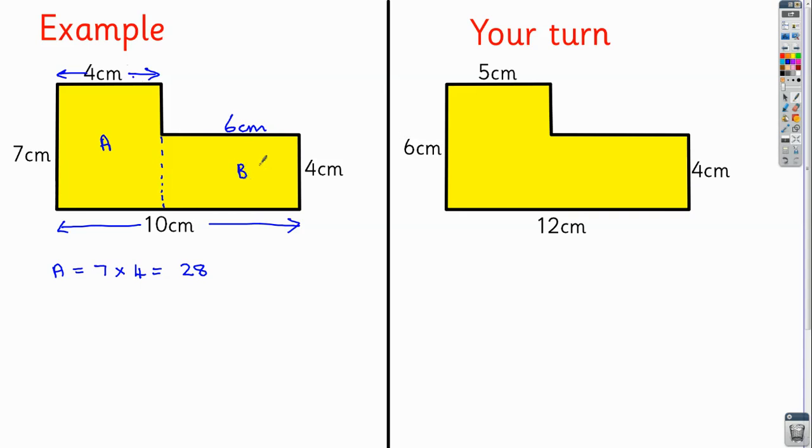Now I've got the dimensions for rectangle B. I can calculate B, which is 6 multiplied by 4, which is 24 square centimetres. You don't need to put the units until you get to the very end. The total area for this shape then is 28 add 24, which gives us 52 centimetres squared. So if you'd like to pause the video and have a go at the question on the right hand side.